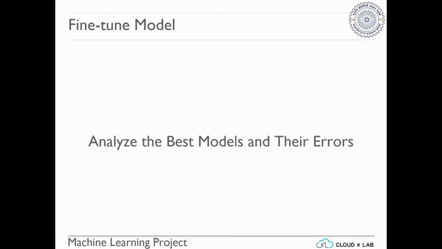Then what we can do, we can analyze the best model and its error. So here we have calculated model performance, model error using cross validation, and we have not yet touched the test set.